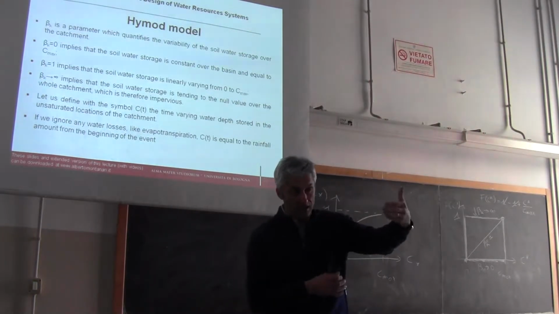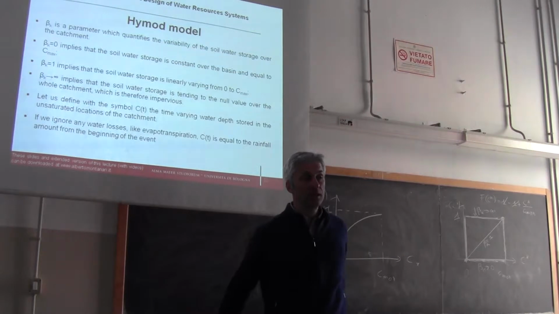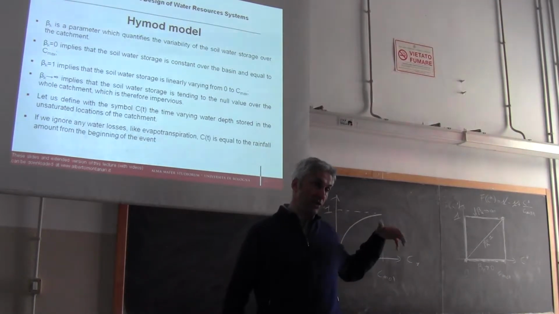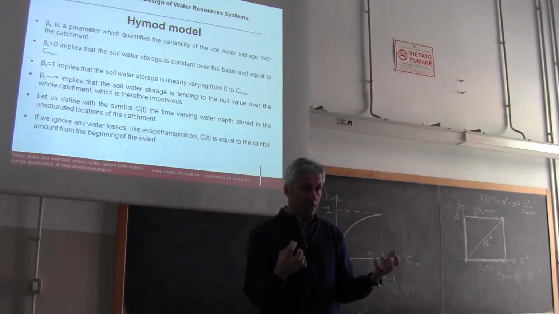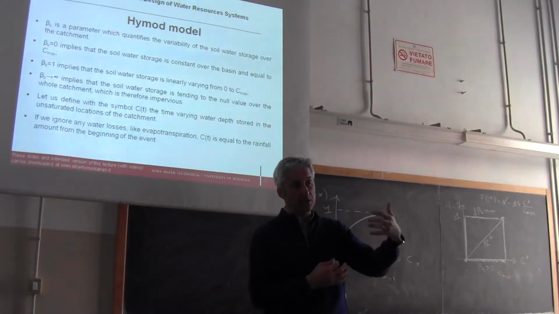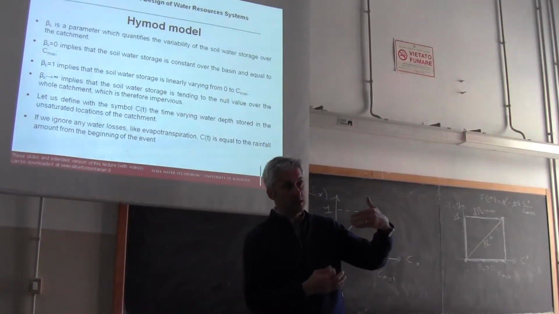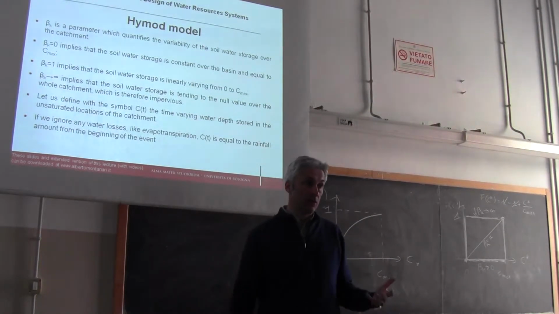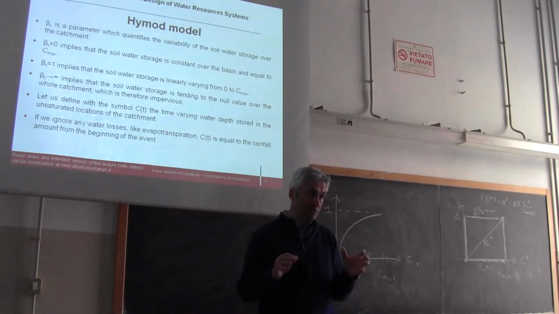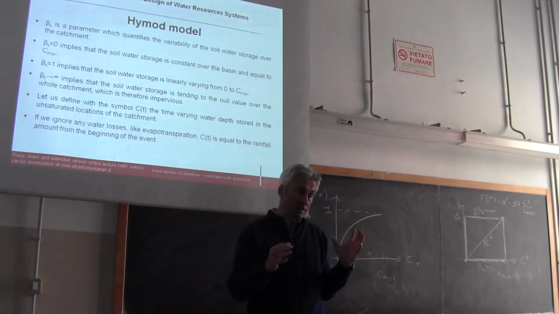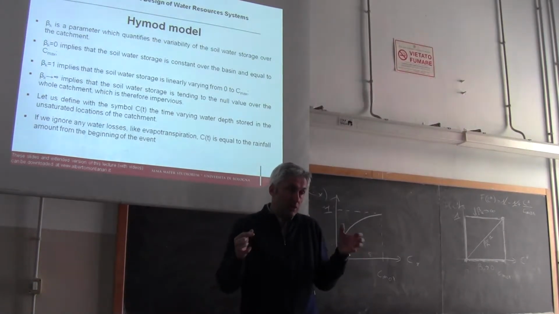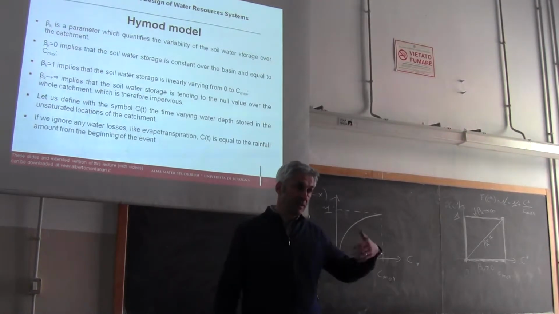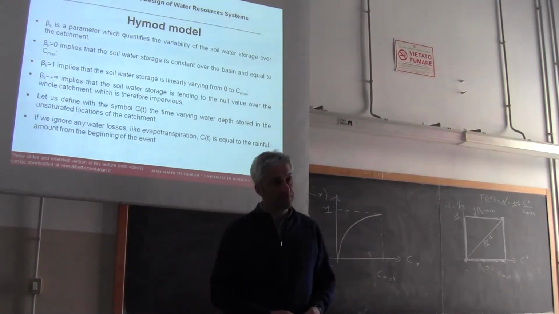So the next rain, next hour, next day, while yesterday it fell over areas that were still capable of infiltration, in the next hour, next day, these areas may be saturated and turn into areas producing surface runoff. Our task is to describe this dynamic process. I told you before, it's a dynamic process. So I have to take into account what is the storage in the catchment as time goes.